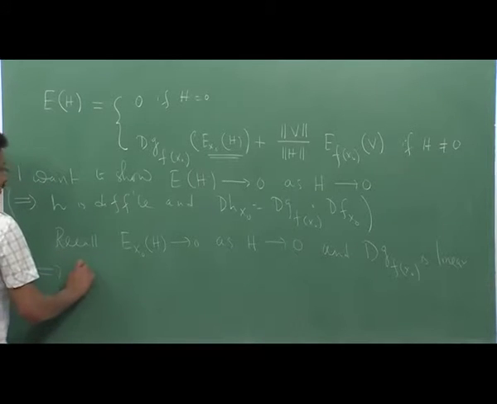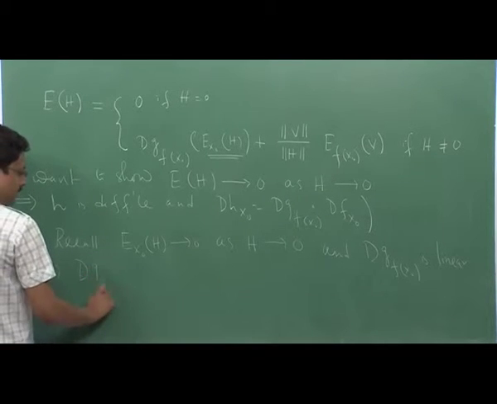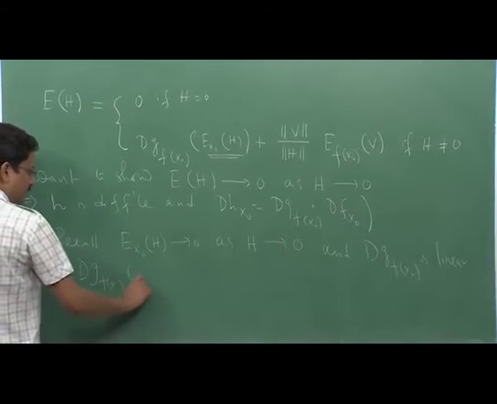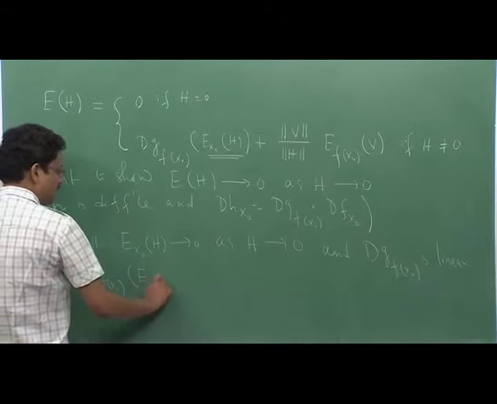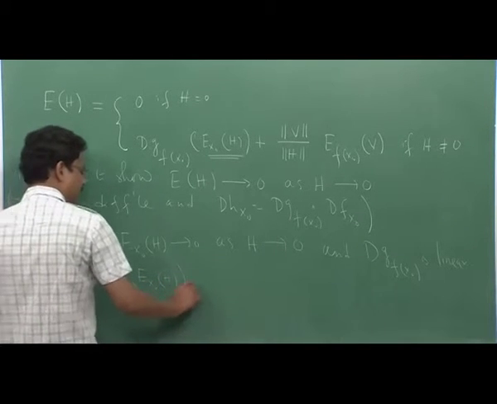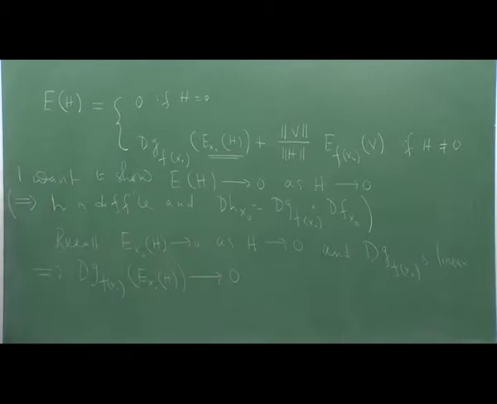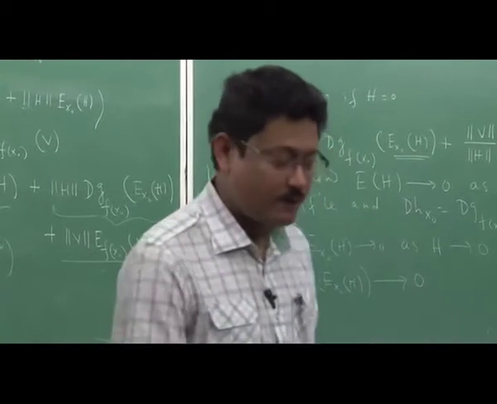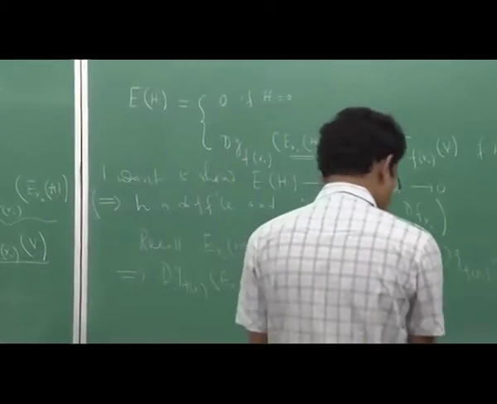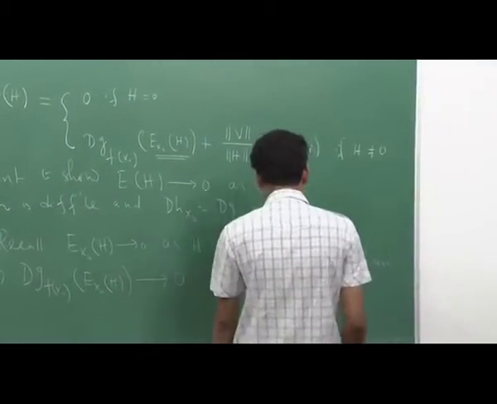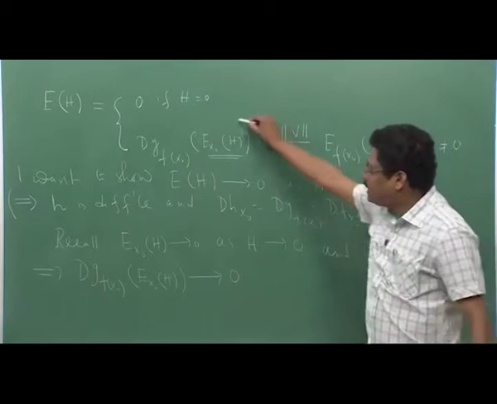So, that implies d g f x naught E x naught h goes to 0. I have used that if A is a linear operator, xn a sequence of vectors such that xn goes to 0, then A of xn goes to 0. Straightforward linear algebra. So, this part is taken care of.